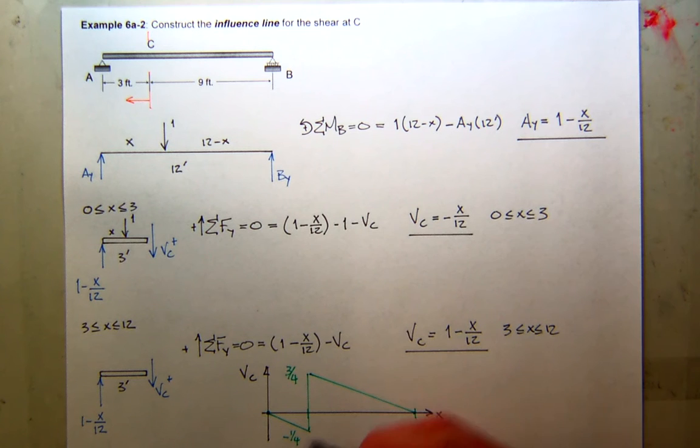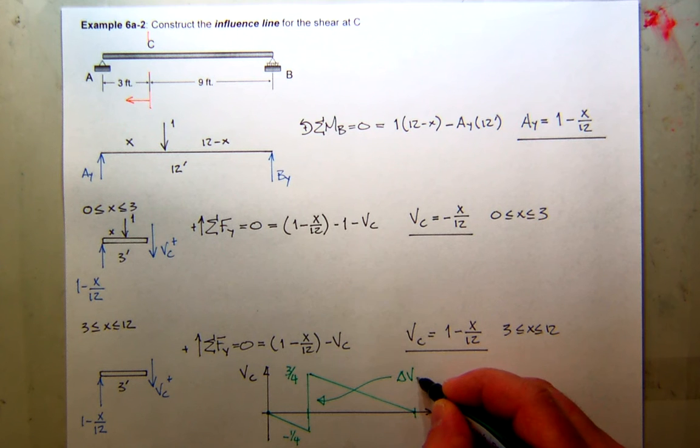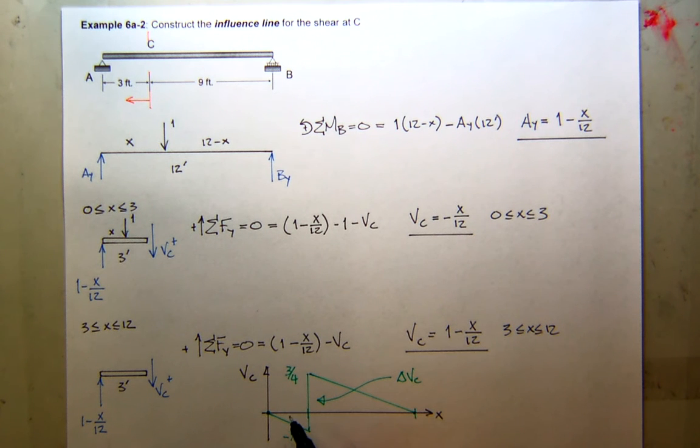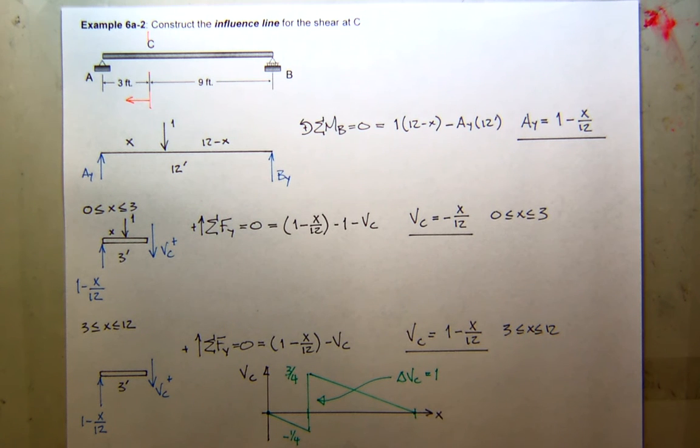Everybody see that? Interesting thing to note here is what is the change in shear at C as you go from the left side of C to the right side of C? 1. It'll always be that.